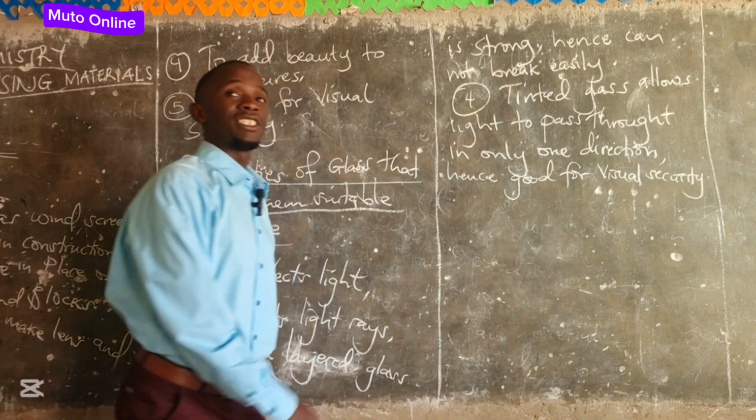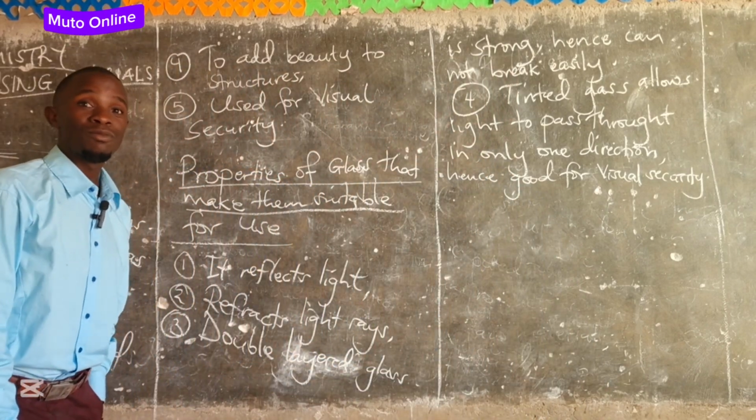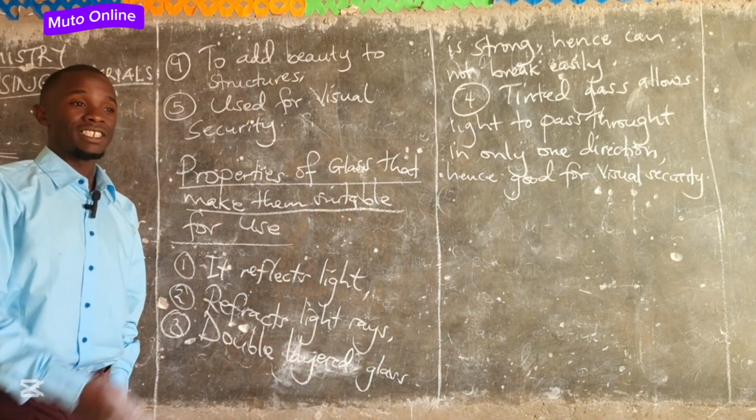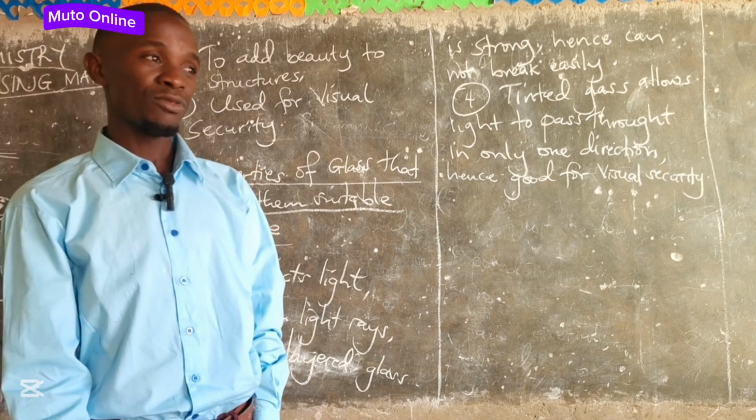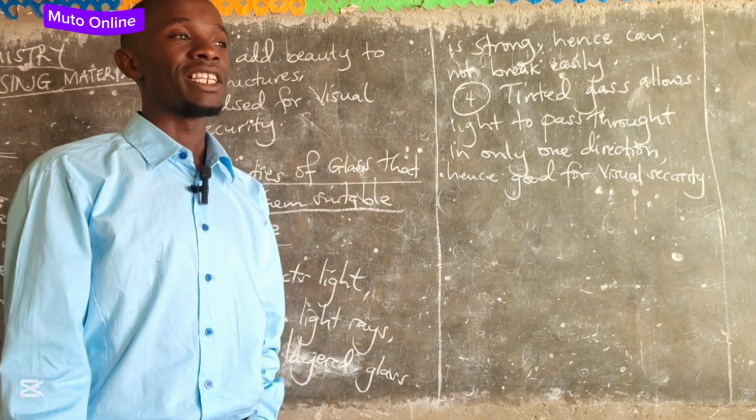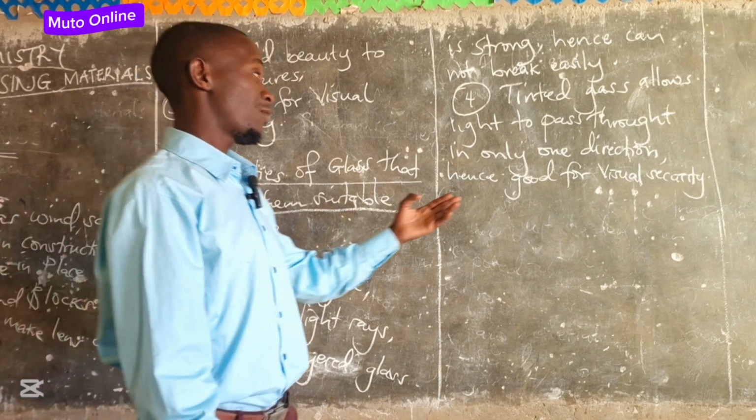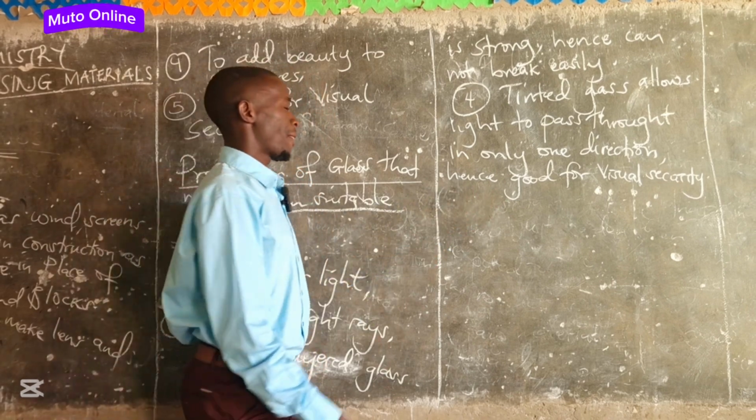For the askaris, you go to the askaris room, the askaris inside is capable of seeing you, but you can't see him inside. So that is good for security.